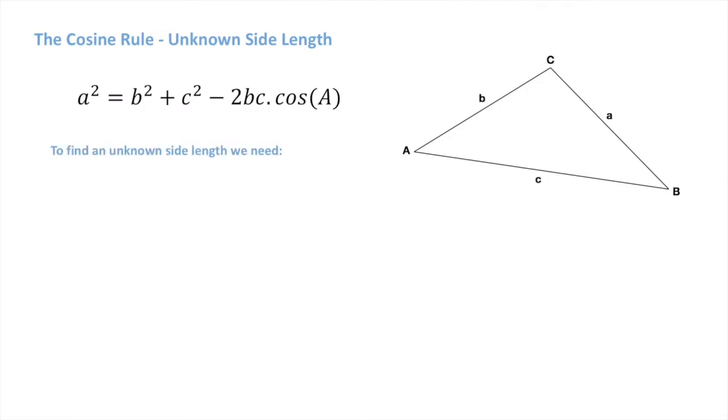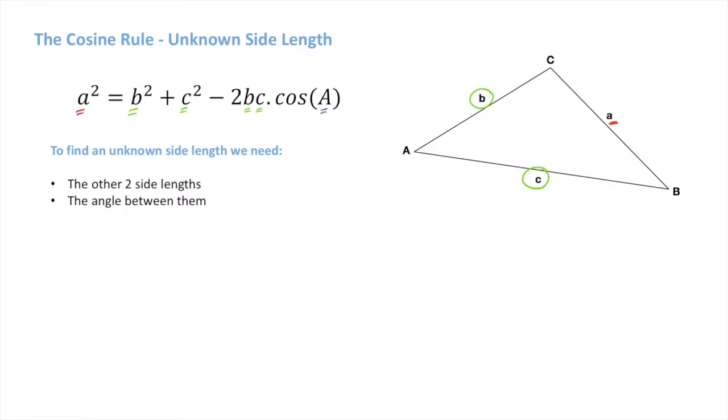This is telling us that to find an unknown side length, in this case a, we need the other two side lengths, so those are b and c, and the angle between them, so that's angle A. In other words, if we annotate this diagram here, if we're looking for side length a, which is this one here, then we need the other two side lengths, b and c, which are here, and we need the angle between those two side lengths.